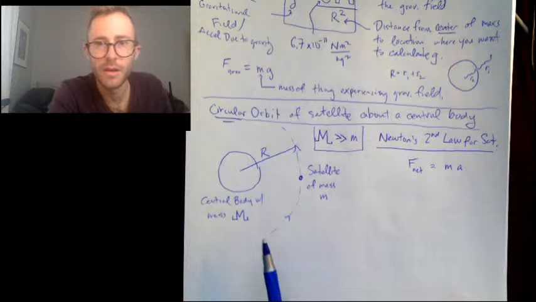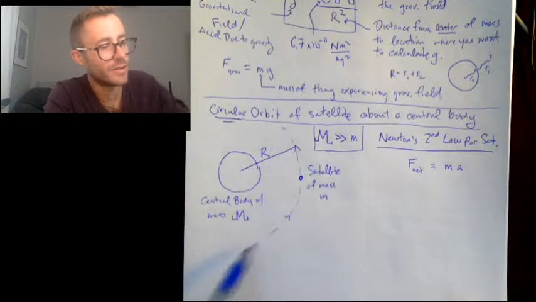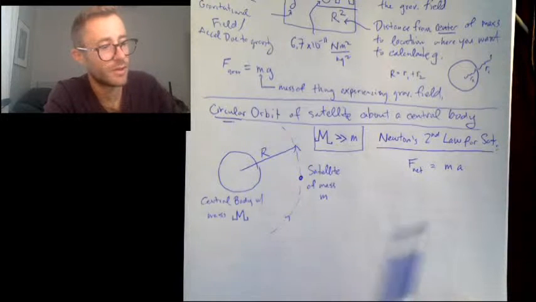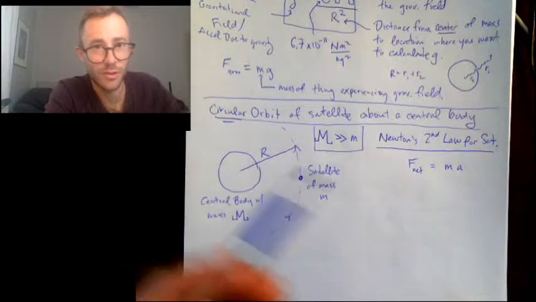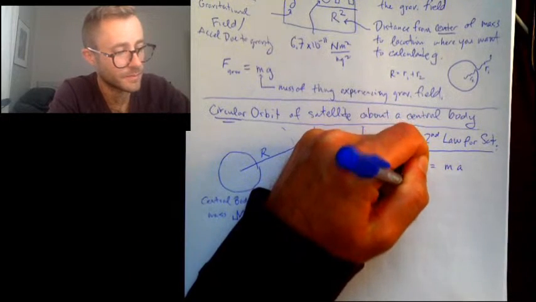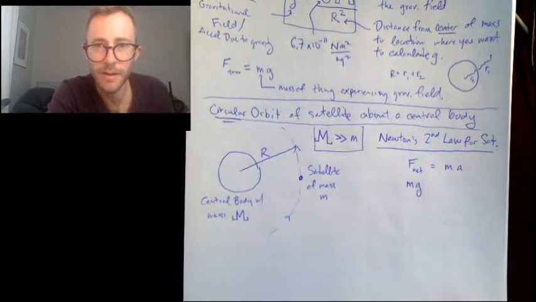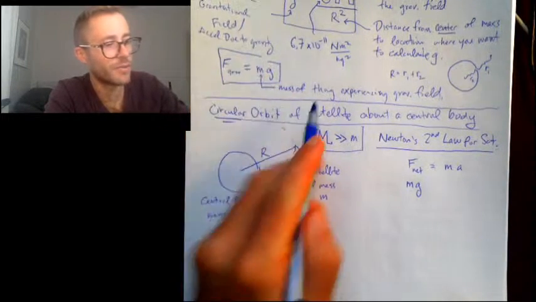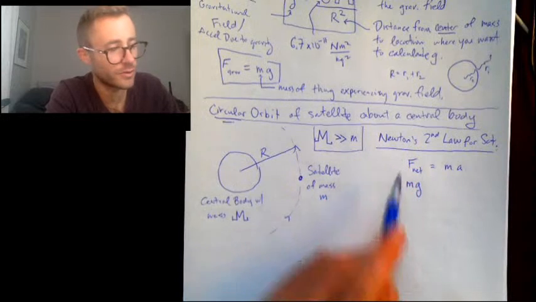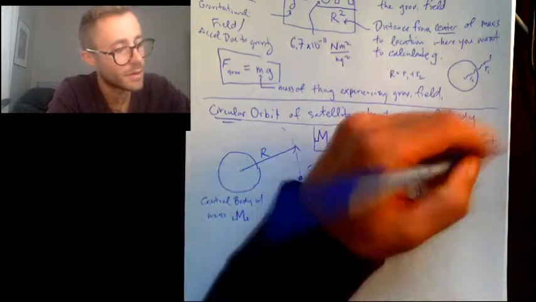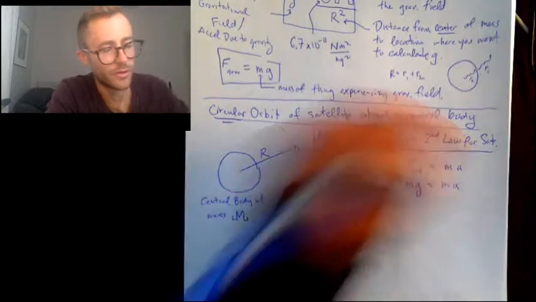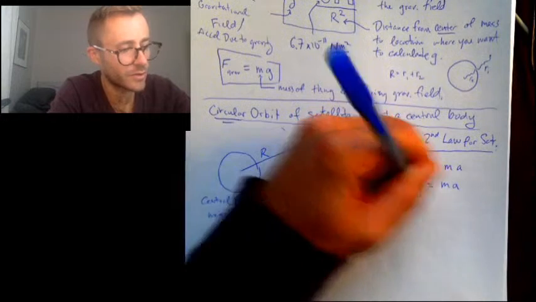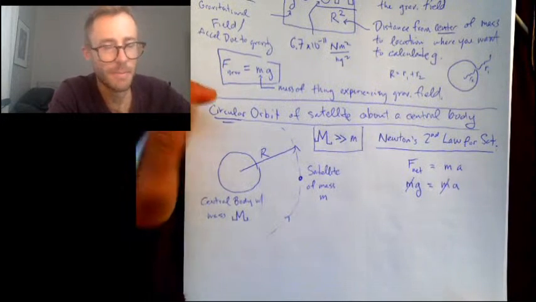Okay? Now, the satellite is moving in a circle, so there has to be a centripetal force. So that centripetal force is the gravitational force. Okay? Because this is the gravitational force right here, where m is the mass of the thing experiencing the gravitational field. So this would be the mass of the satellite. So notice how we have mass of the satellite on both sides of the equation. So it cancels out. Okay?